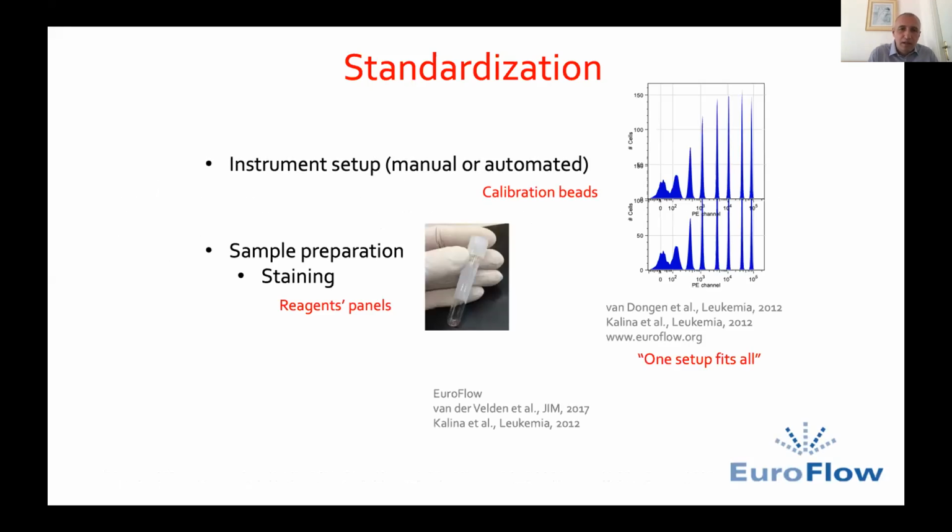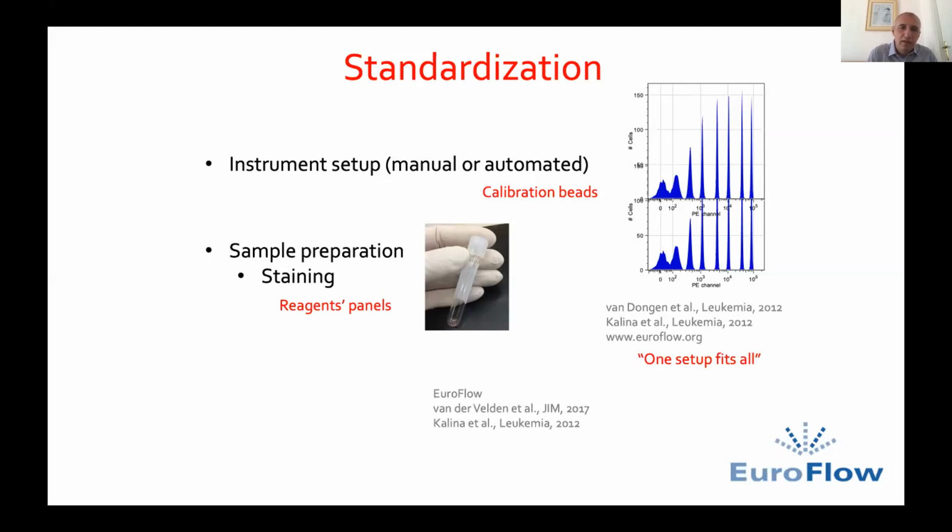The different cornerstones of standardization start with the instrument setup, where we use calibration beads such as rainbow beads. Essentially, we prefer an approach where one setup fits all of our assays.